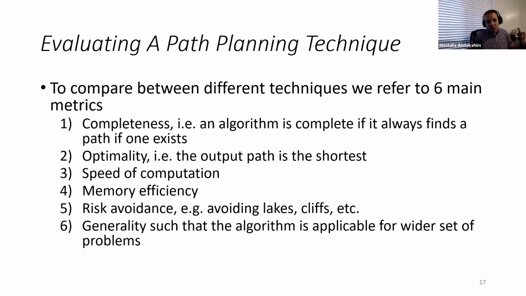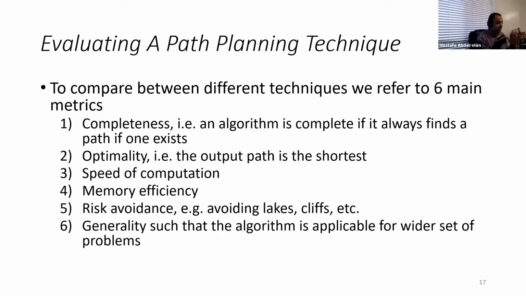Because for some problems, there is a wall, for example, that you can't cross. So an algorithm is complete if it can all the time find a path between a source and a goal, if one exists, and it will return something like not valid if it doesn't find one.